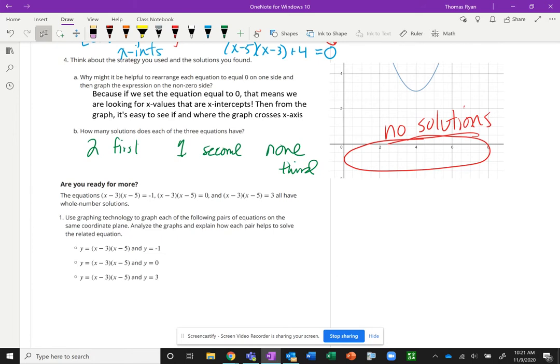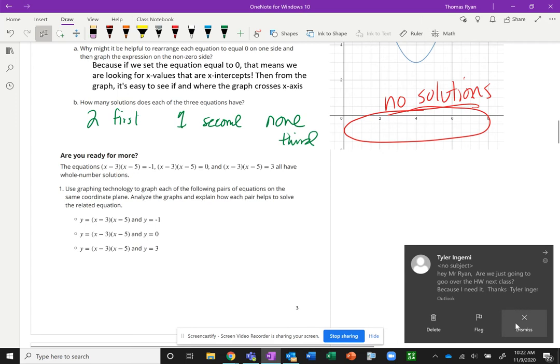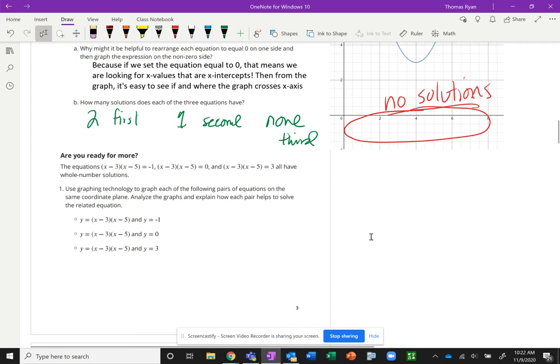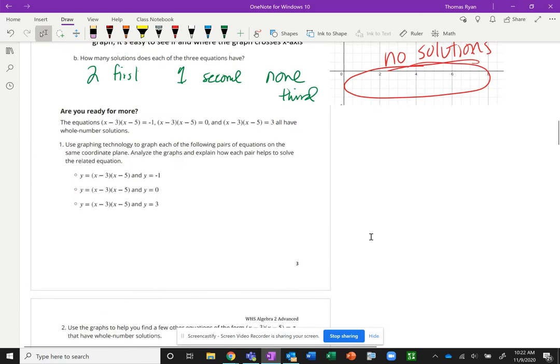So this "Are You Ready for More?" is such a great example of how you don't necessarily have to manipulate the equations, but how you are going to see how this graph looks. Okay, so here, just think about this. I'm going to keep this simple.